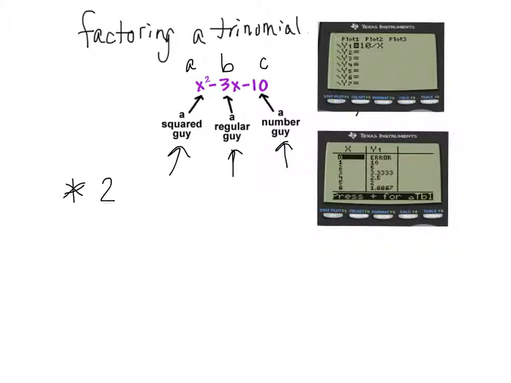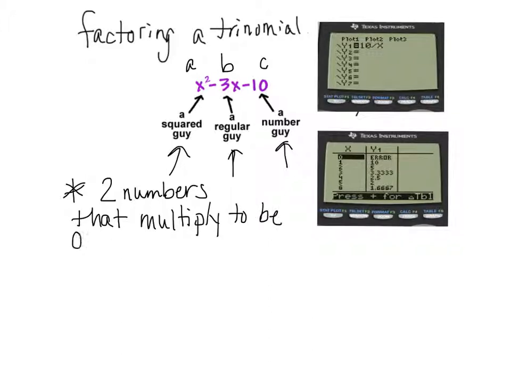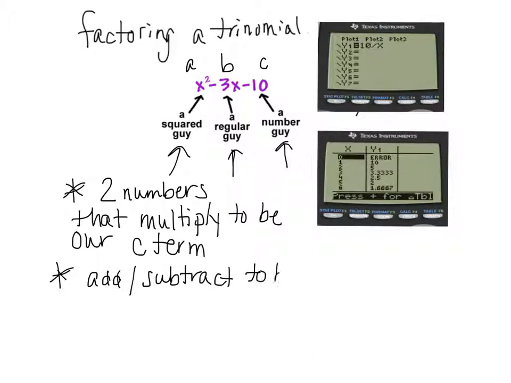We're looking for two numbers that multiply to be our C term. And also those exact same two numbers have to add or subtract to be our B term.